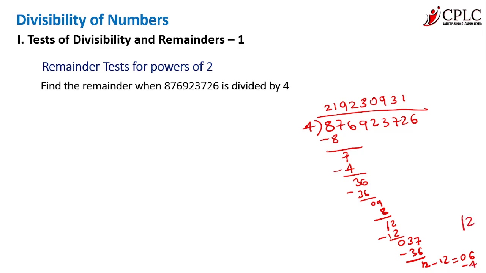So all of this calculation gives me the answer as 2. This is the normal division method that you would do otherwise.